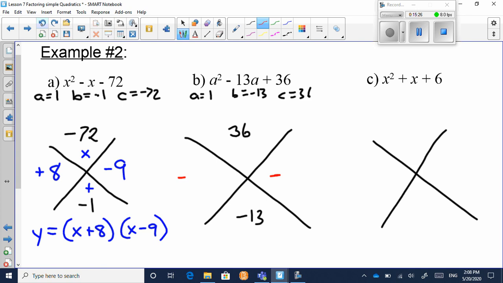Okay. How about -3 and -12? So 3 times 12 is 36, but that adds to -15. Okay, so that doesn't work.